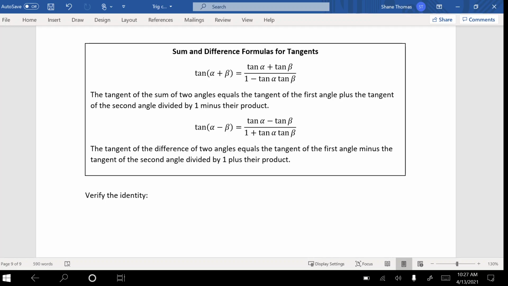Let's just throw this out here too. We will not use this tangent as much as sine and cosine though. But for the tangent of adding the two together, tangent alpha plus beta is going to be tangent alpha plus tangent beta over 1 minus tangent alpha tangent beta. All right, same thing. The difference of the tangent alpha minus beta equals tangent alpha minus tangent beta over 1 plus tangent alpha tangent beta. So we're going to verify one identity here.